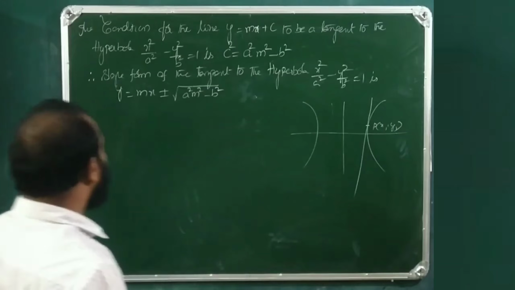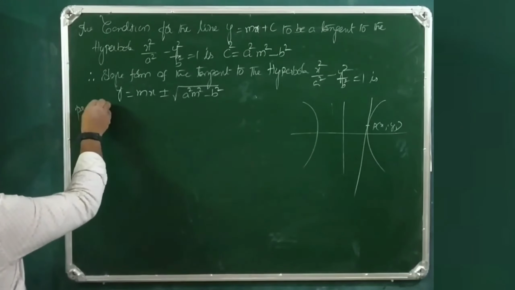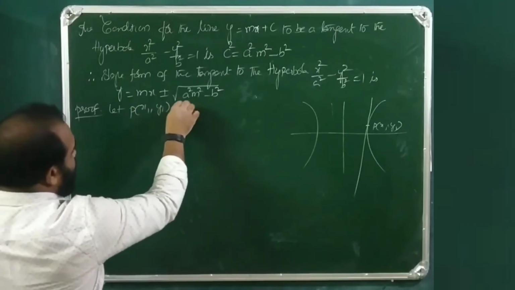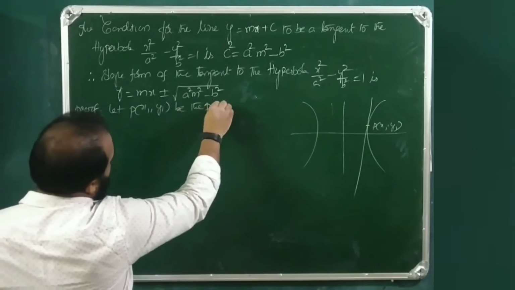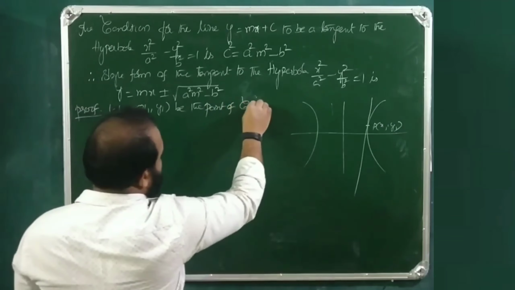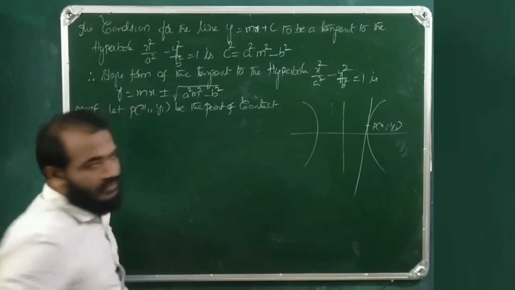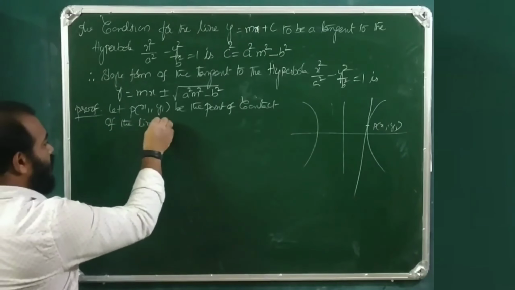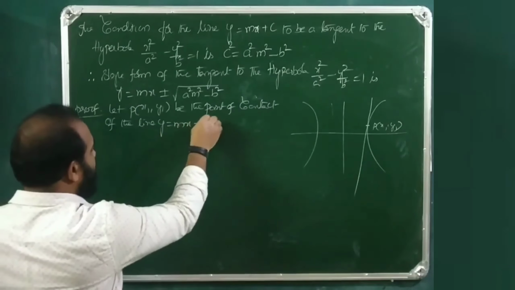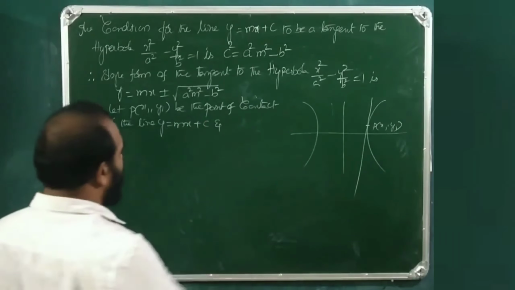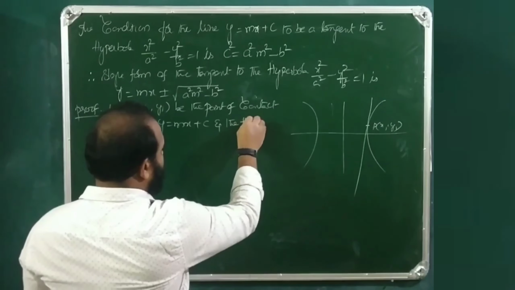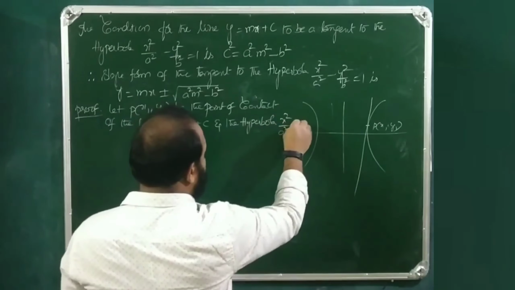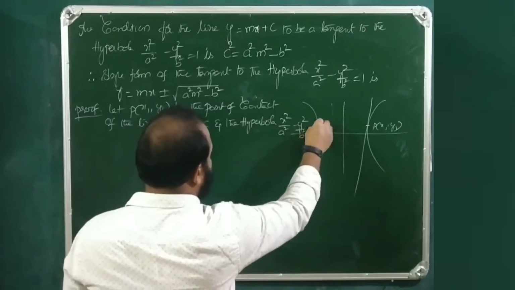So let P x1 y1 be the point of contact of the line y is equals to mx plus c and the hyperbola x square by a square minus y square by b square equals to 1.